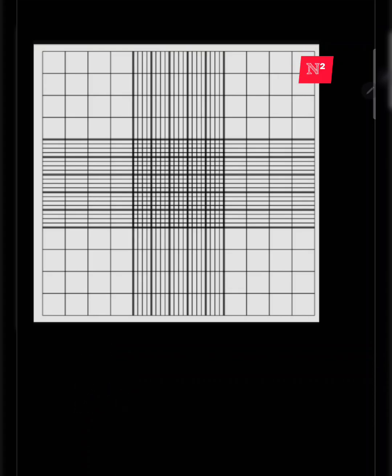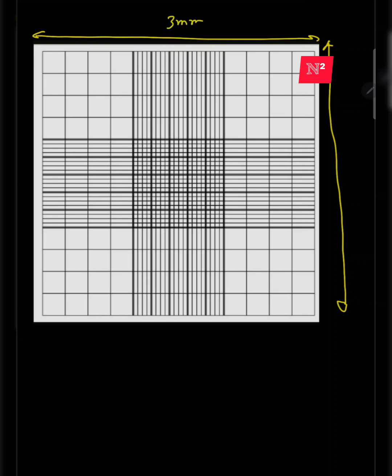Now let's learn about the individual grid parts. If I am measuring the length and breadth of this grid, it's a square shaped grid. The length and breadth both are 3 millimeter, which is divided into 3 equal segments, both horizontally and vertically.